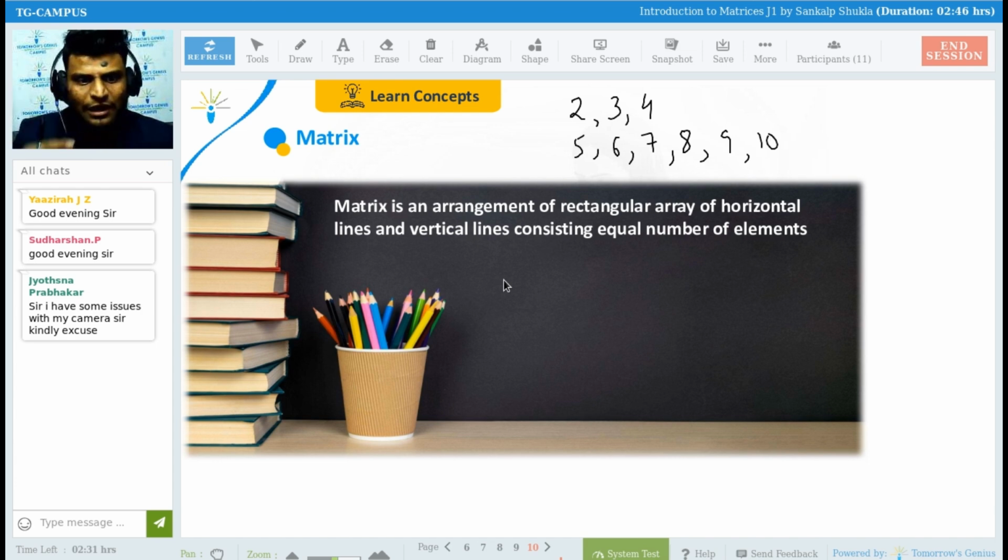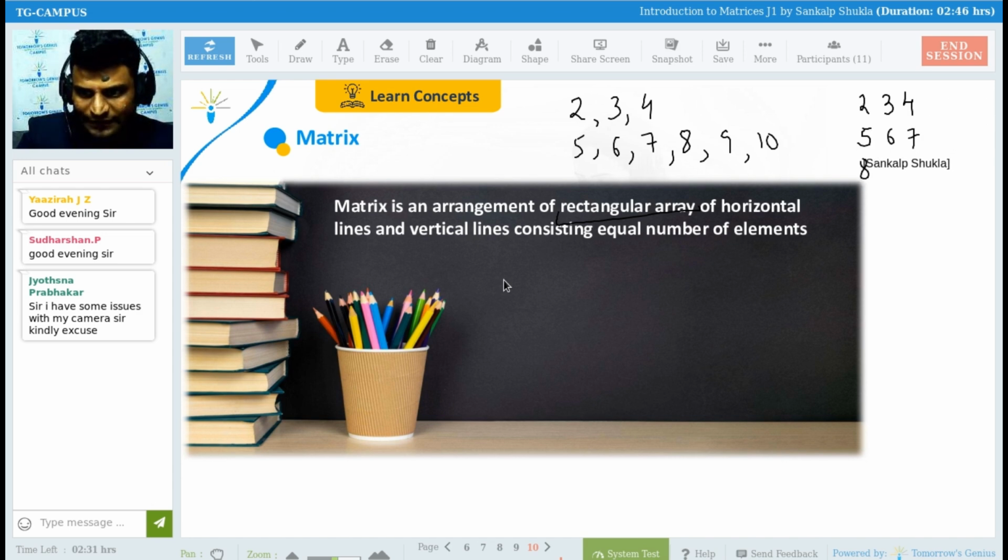Now, what if I just randomly arrange these numbers? That is not going to form any matrix. So in order to form a matrix, I must write these numbers in a proper pattern. That pattern is a rectangular array. For example, I can write this like 2, 3, 4, 5, 6, 7, 8, 9, 10.